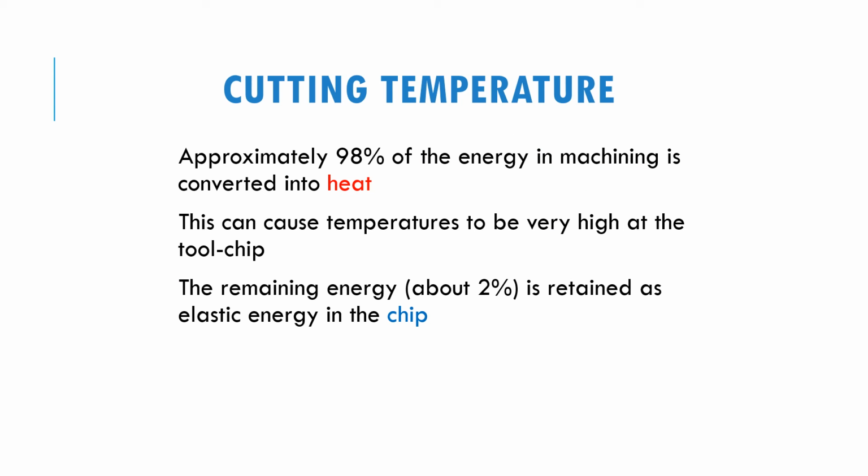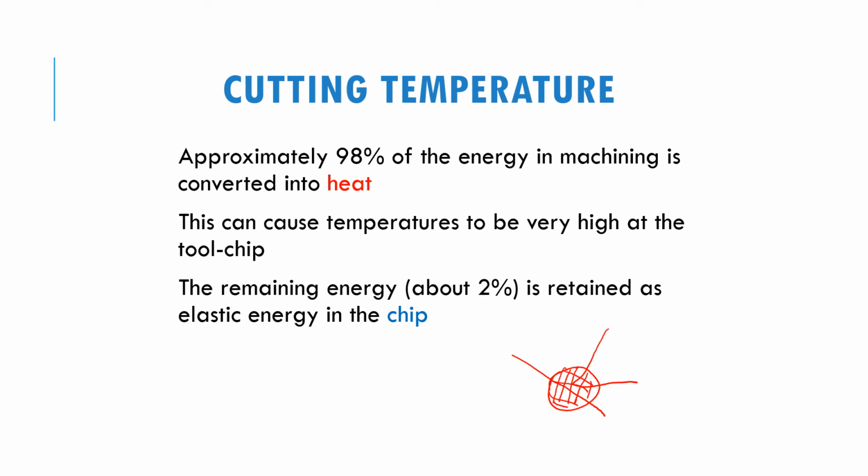In the machining process, 90% of the energy will be converted into heat. That's why in the machining process, usually the environment becomes hot. This causes the temperature to be very high at the tool chip interface, between the tool and the work material. This area is the highest in temperature, and it can go up to 1000 degrees Celsius.